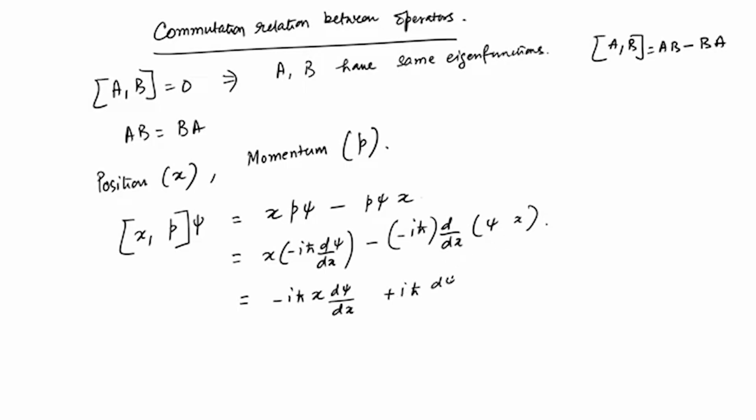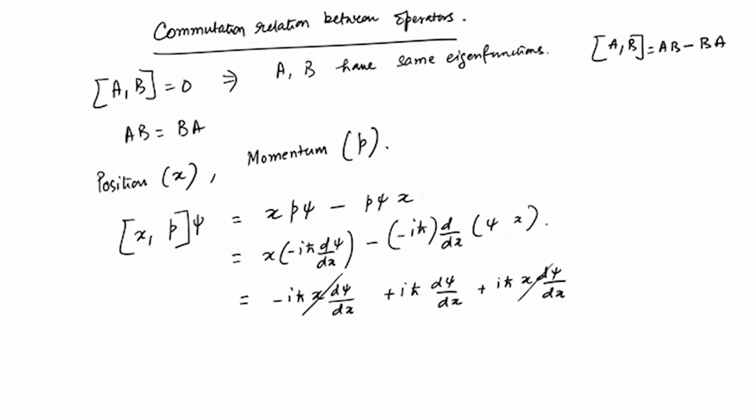I have a plus i h cross psi and plus i h cross x d psi/dx, right, because there are two functions, psi and x, and I have to take a d/dx of that. Both psi and x depend on x, of course x depends on x. So, d/dx of x is equal to 1, that gives rise to this term, and the other term keeps x constant and takes a derivative of psi with respect to x.